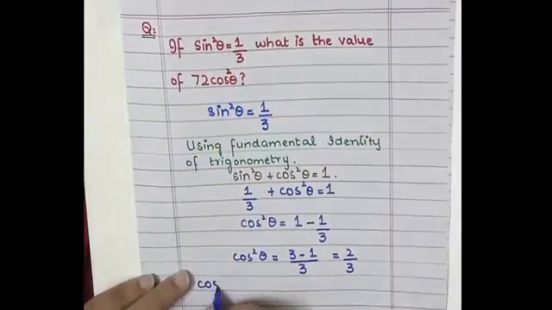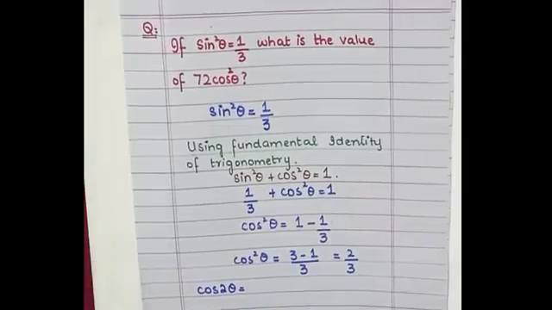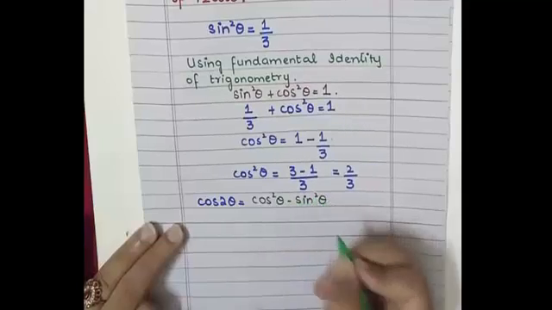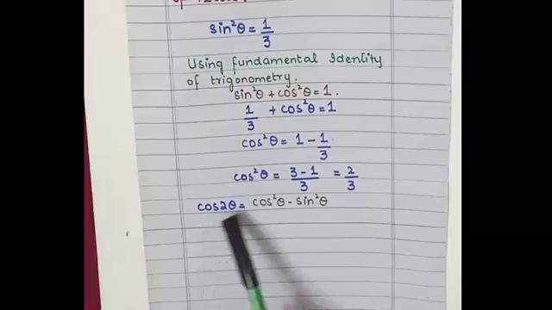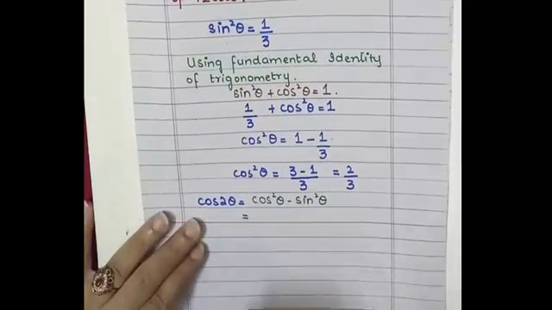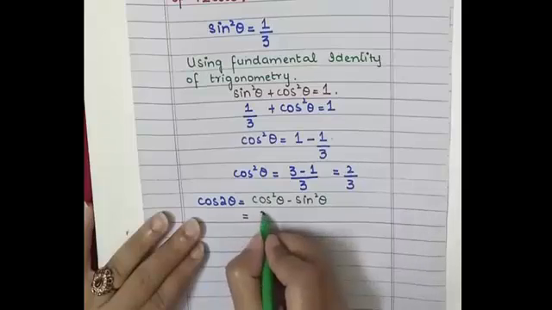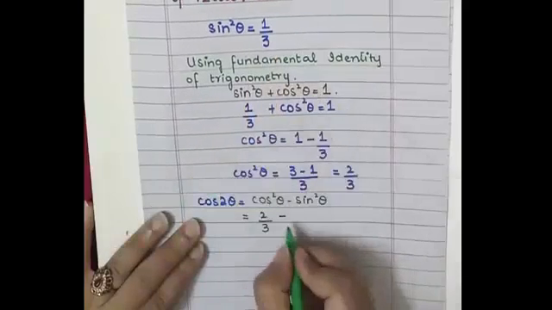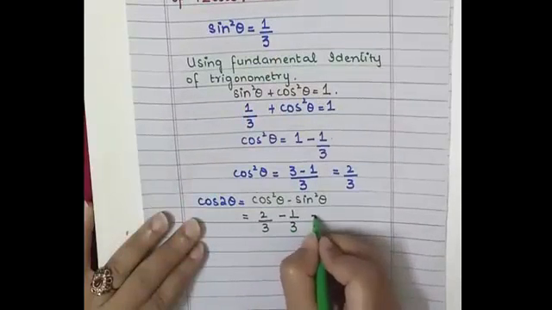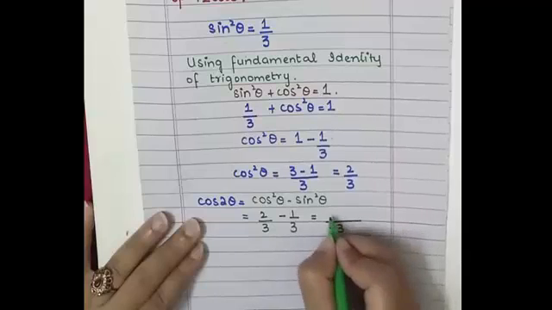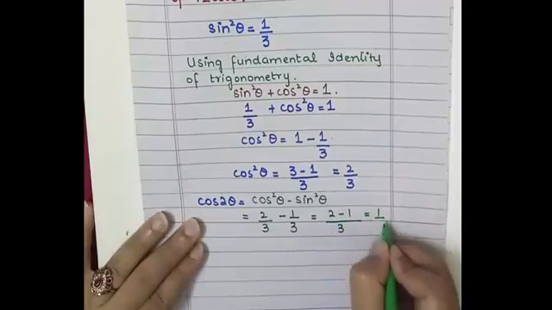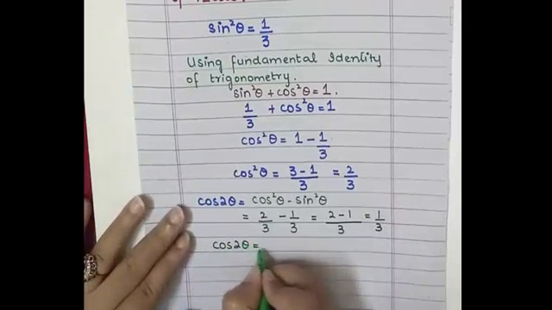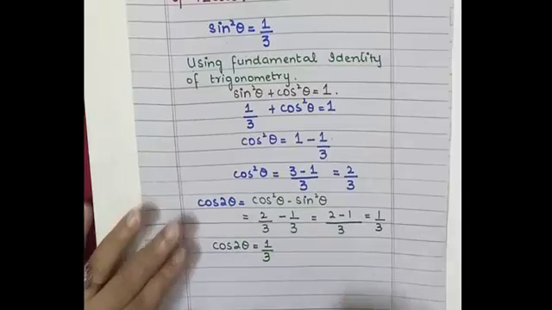So cos 2 theta is equal to cos square theta minus sin square theta. First find the value of cos 2 theta. This is cos square theta, which is 2 over 3, minus sin square theta, which is 1 over 3. Taking the LCM and solving, we have 1 over 3. The value of cos 2 theta is equal to 1 over 3.